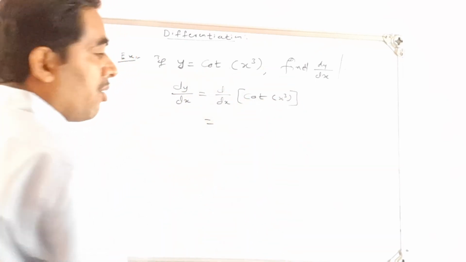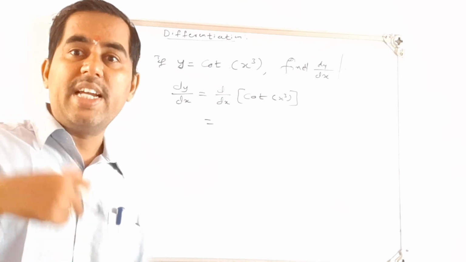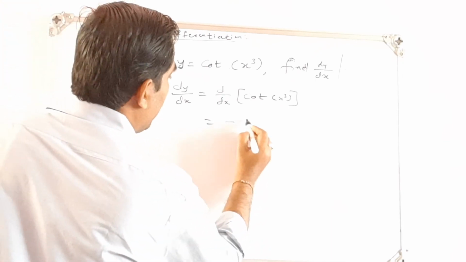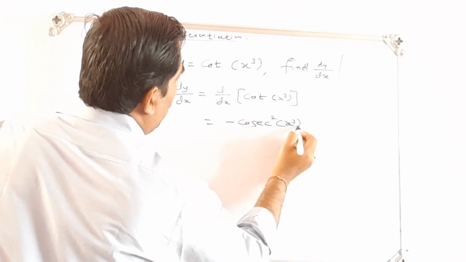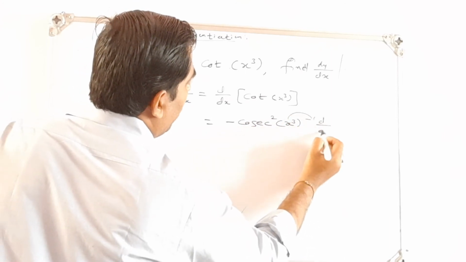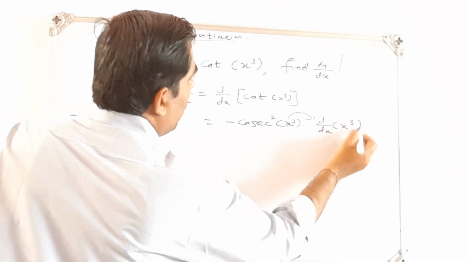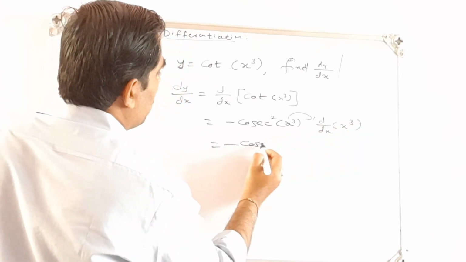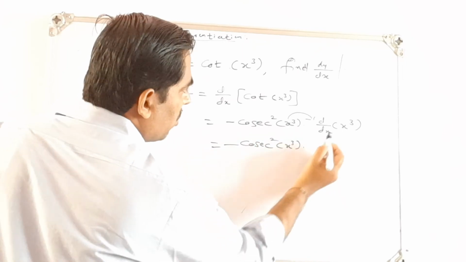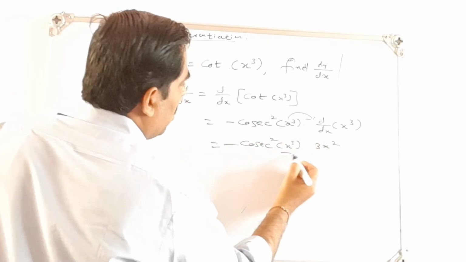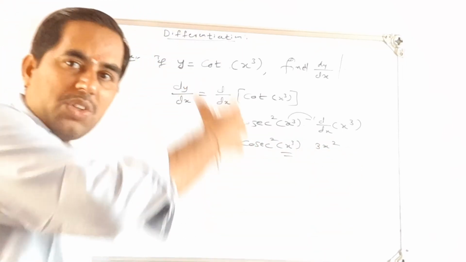The derivative of cot x is minus cosecant square x. So that is minus cosecant square of x cube into the derivative of x cube, which is 3x square. That's it. So we go on changing this.